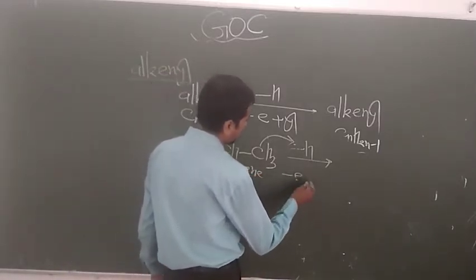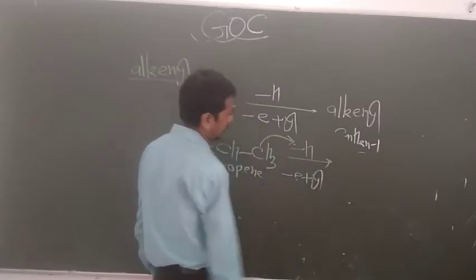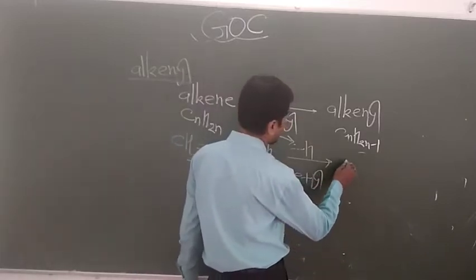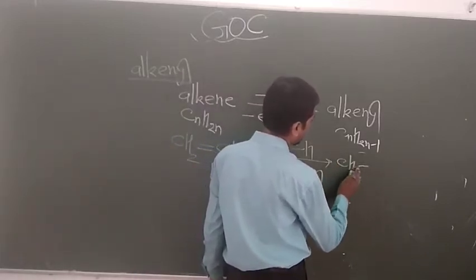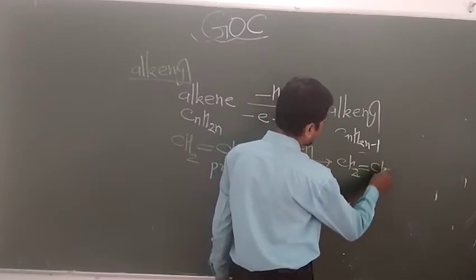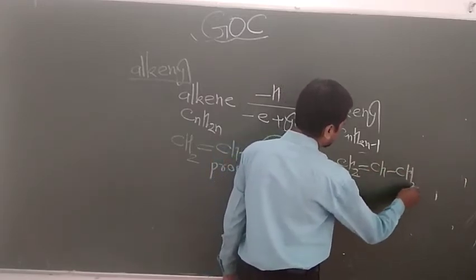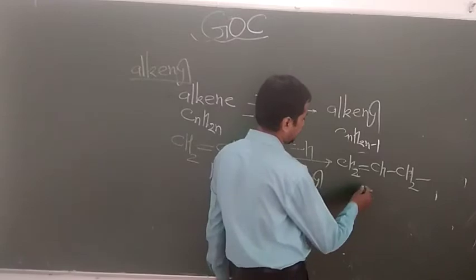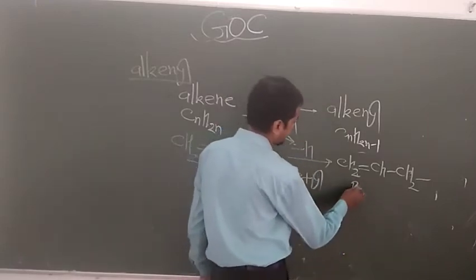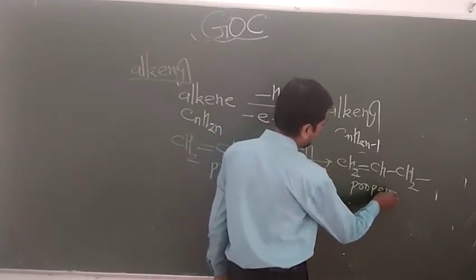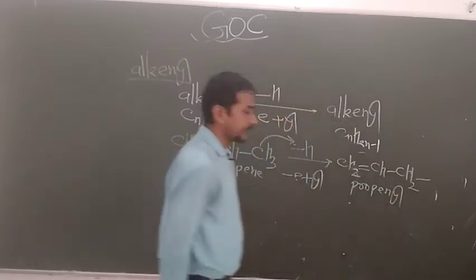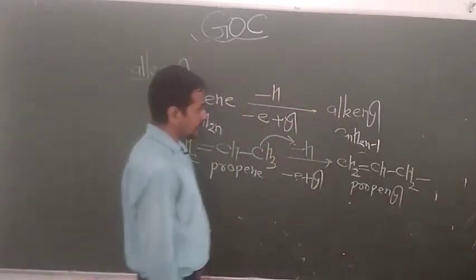Here again E is removed and YL should be added. In that condition, this will generate the formula CH2 double bond CH CH2 single bond. This is known as propenyl.